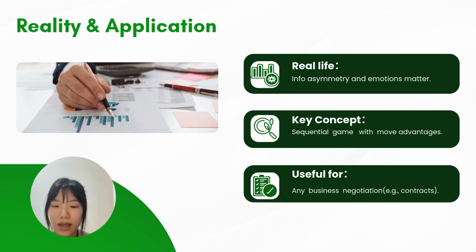It not only explains salary negotiations, but also helps us understand other strategic contexts like business partnerships and competitive bidding. Understanding this framework can enhance our strategic thinking in future negotiations.